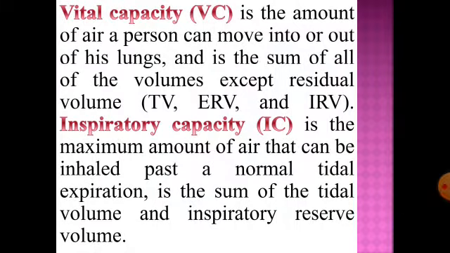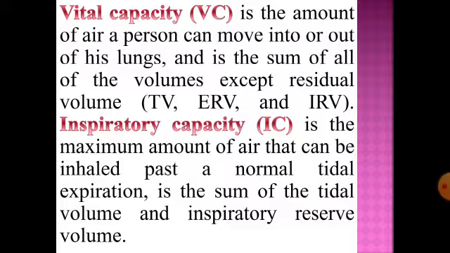Vital capacity, VC, is the amount of air a person can move into or out of his lungs, and is the sum of all of the volumes except residual volume: TV, ERV, and IRV.